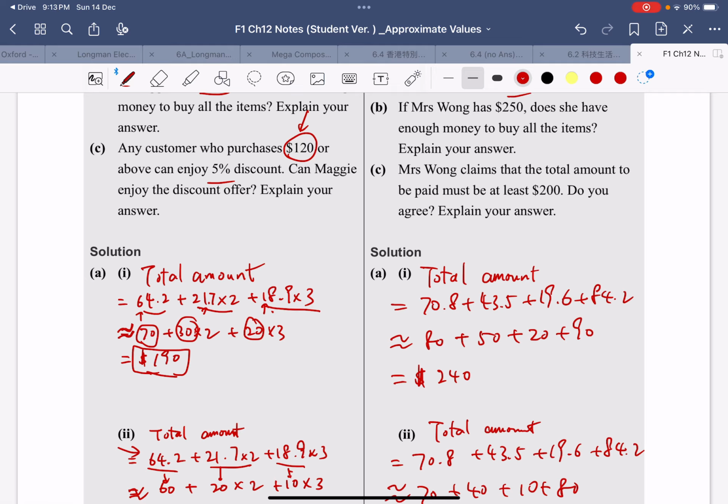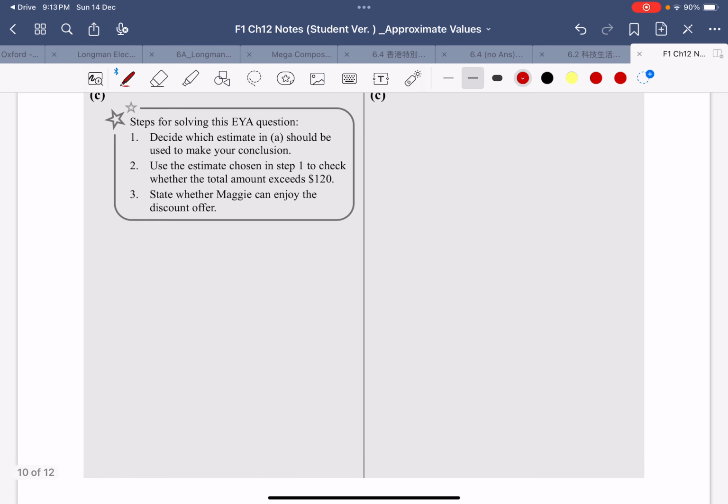How to write down here? Again, just copy from the above, from the result of part A, A2, the total amount is at least, these two words are important, 130.